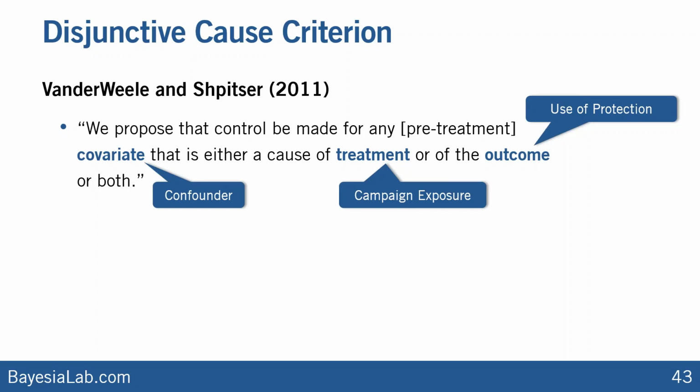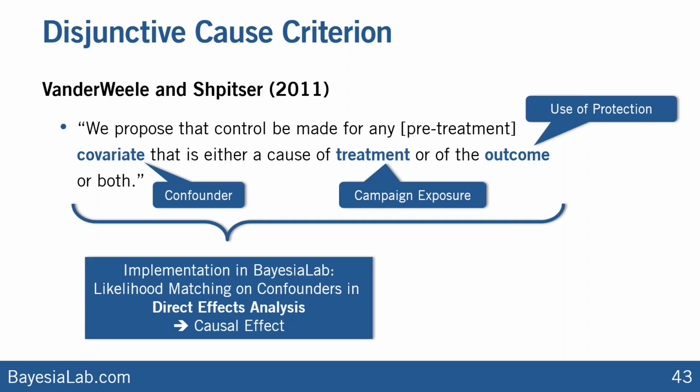And once we have that, once we have defined these variables, then we can use BayesiaLab on the basis of a machine learned model to perform direct effects analysis, which involves likelihood matching, and that gives us the causal effect that we're looking for.